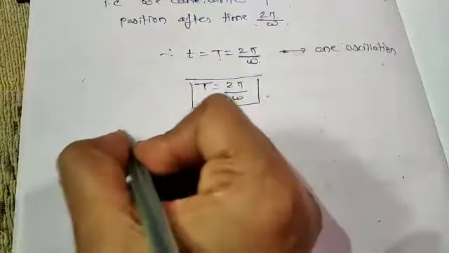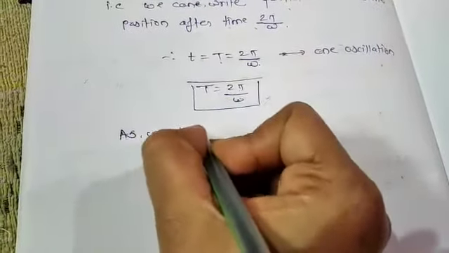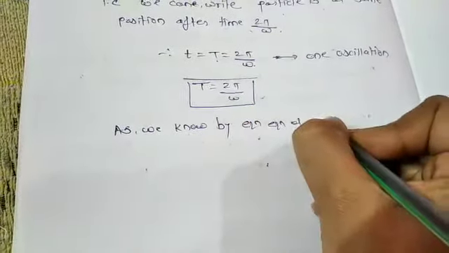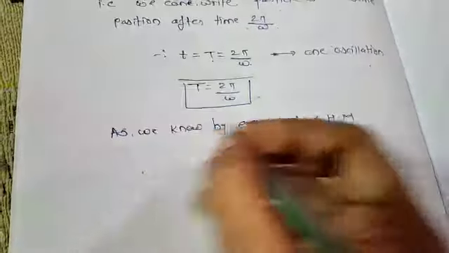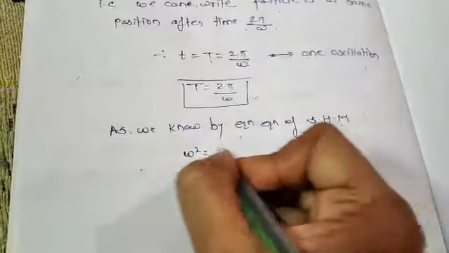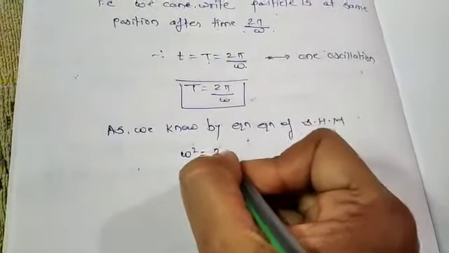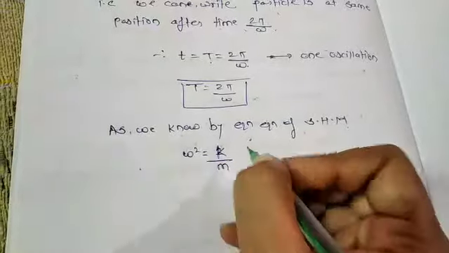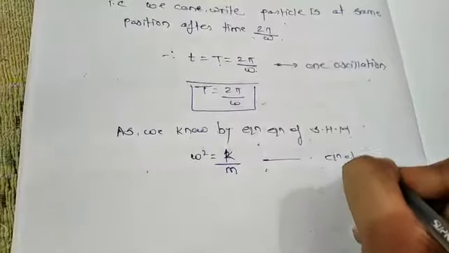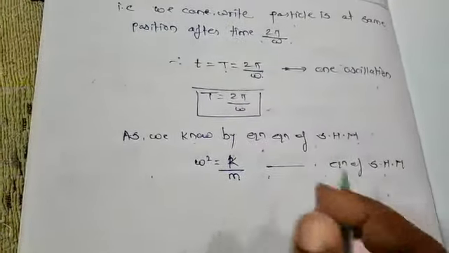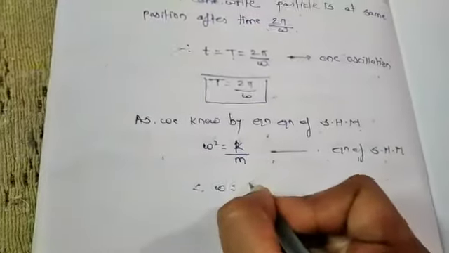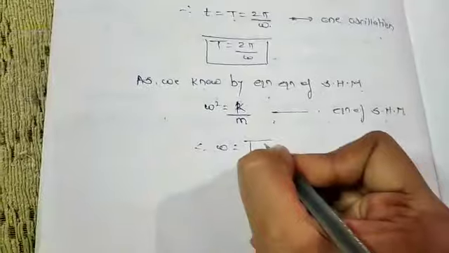As we know, by the equation of SHM, in our earlier articles we have seen that ω² is equal to k/m. You remember that equation. Therefore we can write ω is equal to root of k by m.